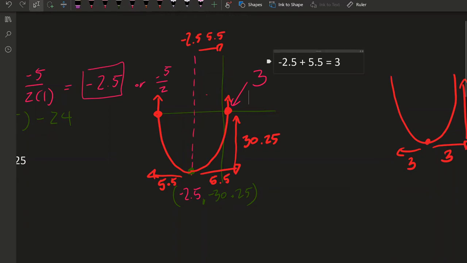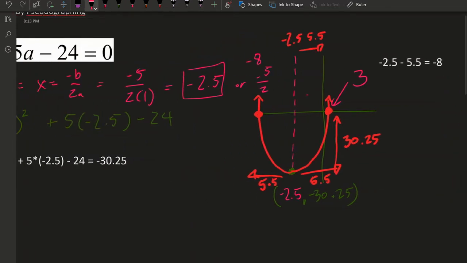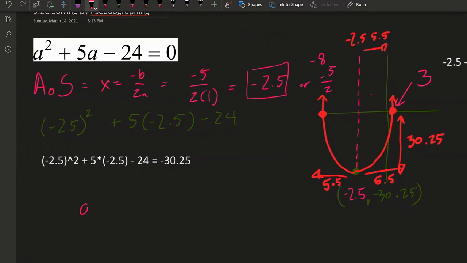Now I can do a quick switch, and I'll just do minus 5.5 to see what happens when I go left, and I land at negative 8. So that means my answer for this one is that the variable a could equal negative 8, or it could equal positive 3. Squigglies, because it's one variable with multiple solutions.